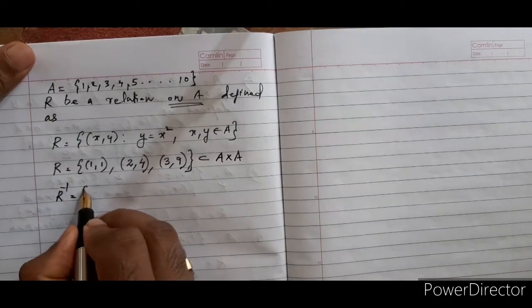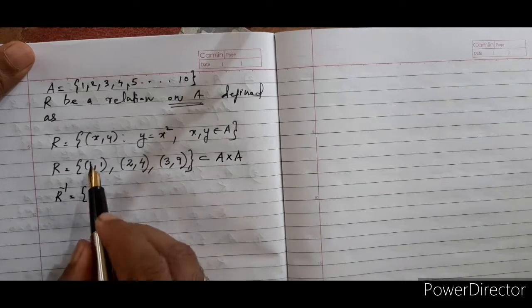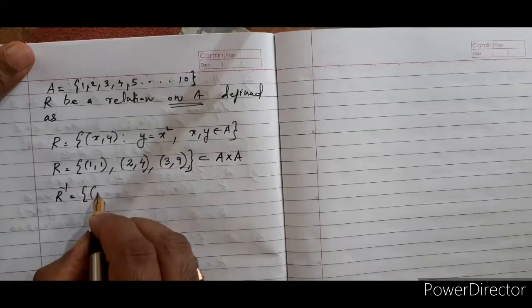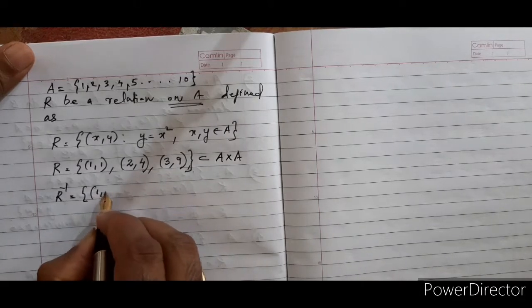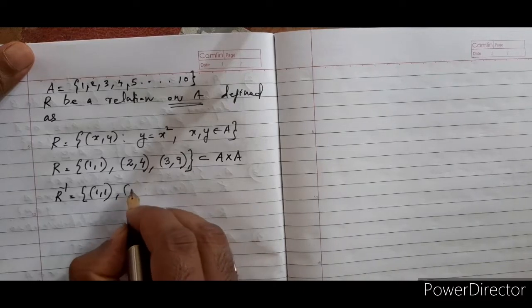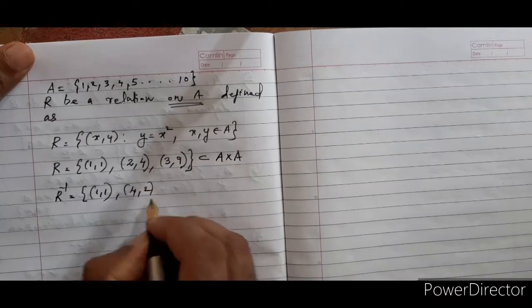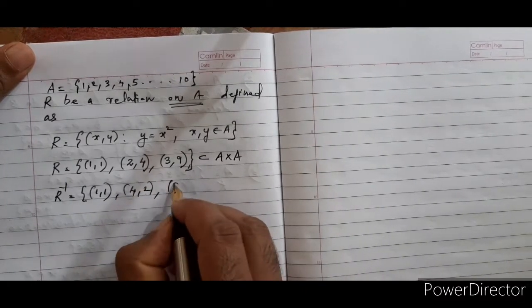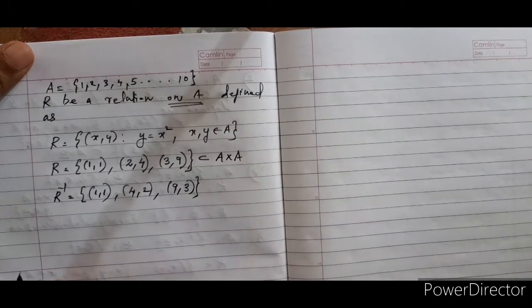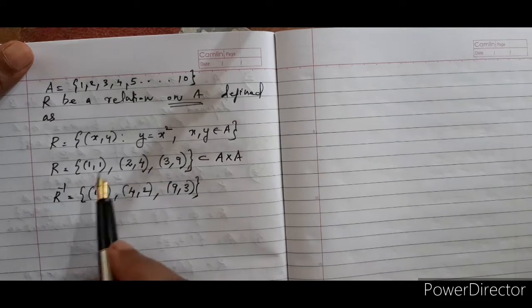R inverse means reverse relations. 1 is related to 1, so element of R inverse will be (1, 1). 2 related to 4, so element of R inverse will be (4, 2) and (9, 3). You can expect question like this.